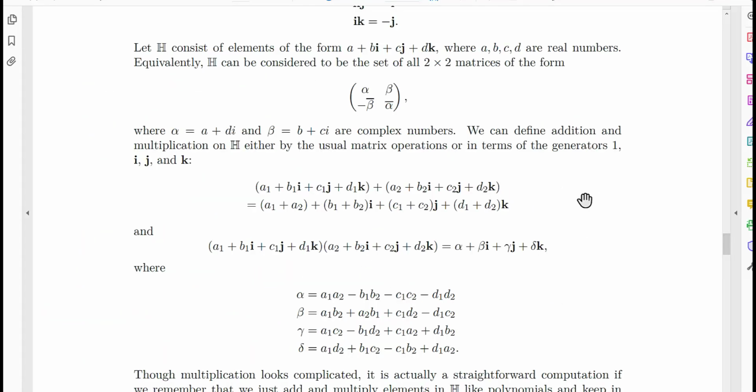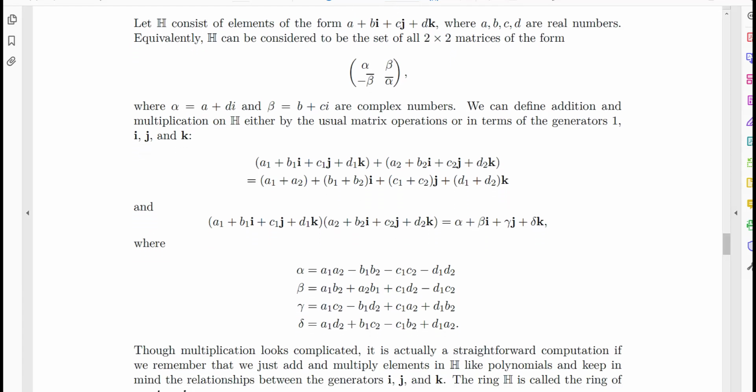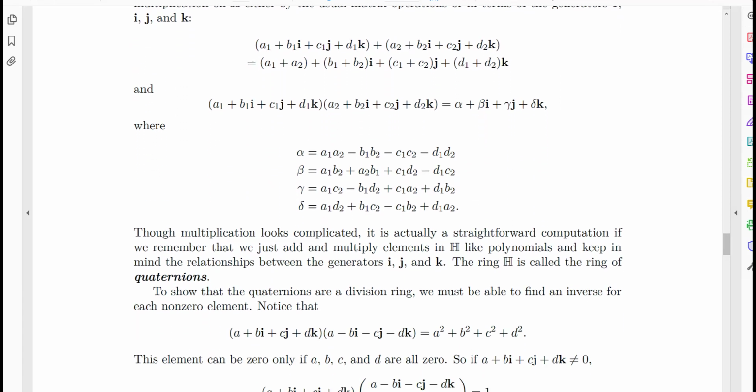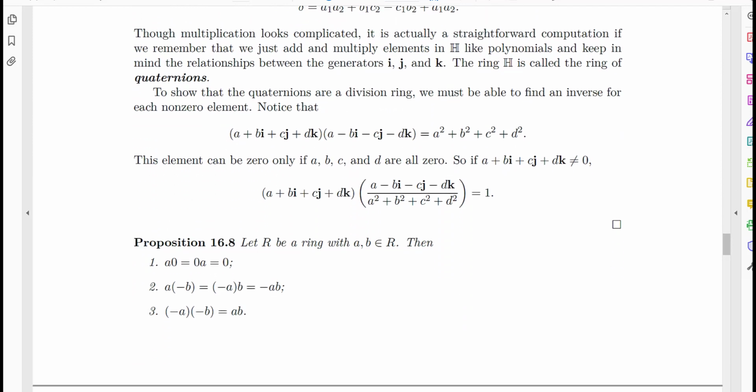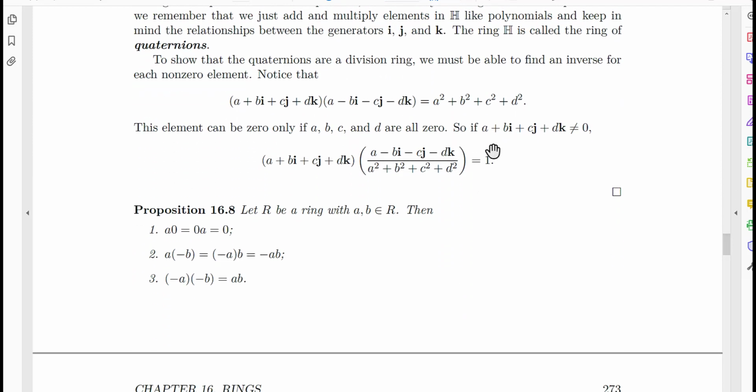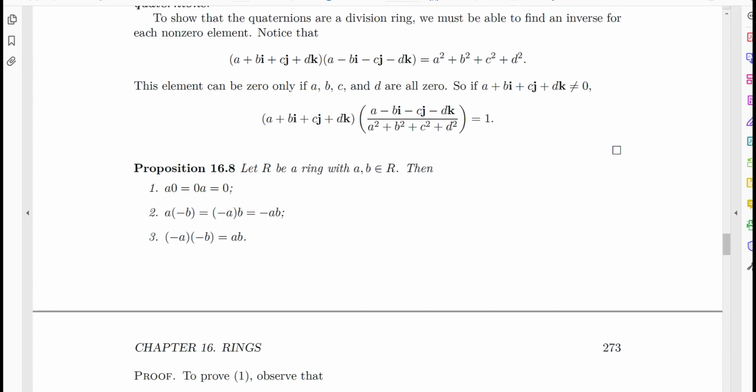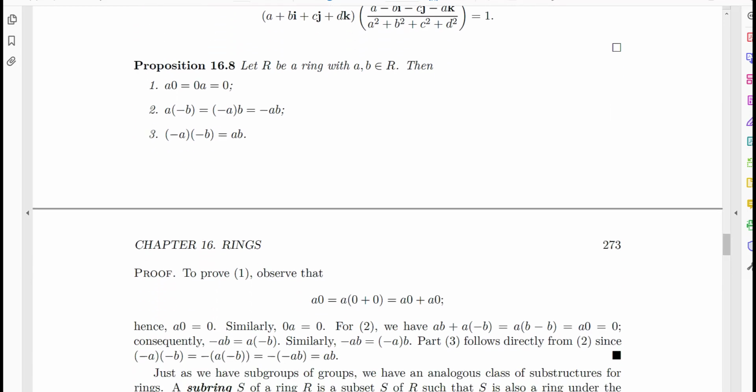I'm just repeating the stuff in the book for you. There are some additional properties: we have an identity, as I said, and every non-zero element has a multiplicative inverse. And all those operations interact with these properties.